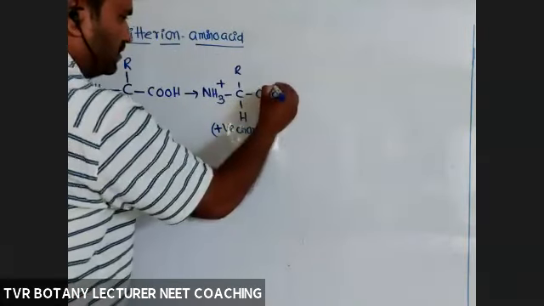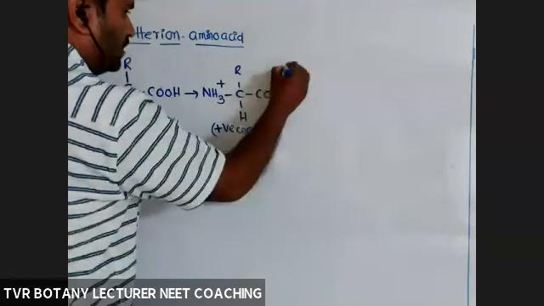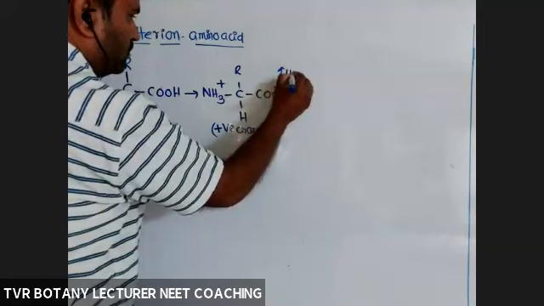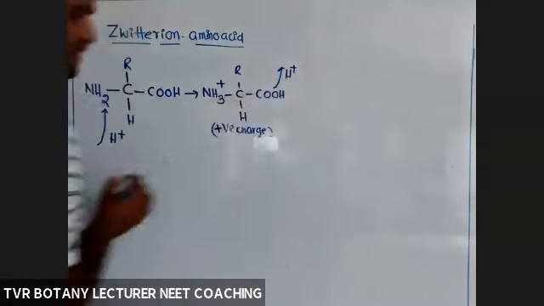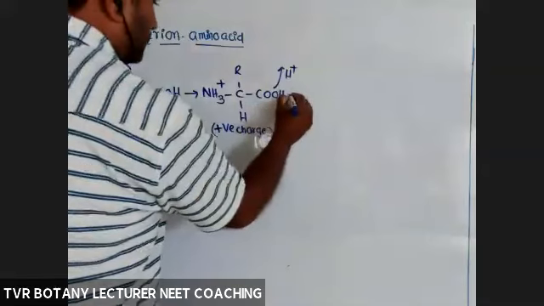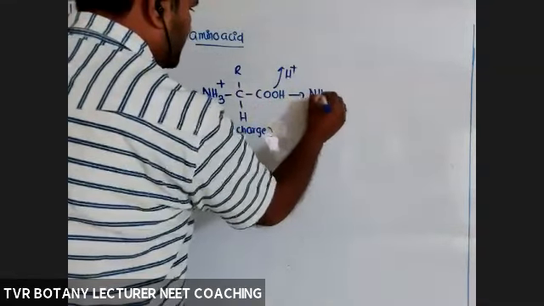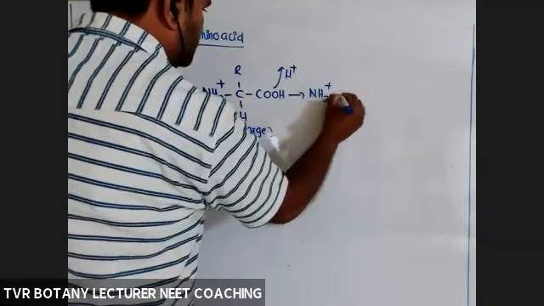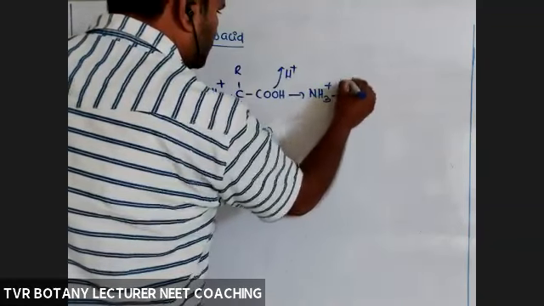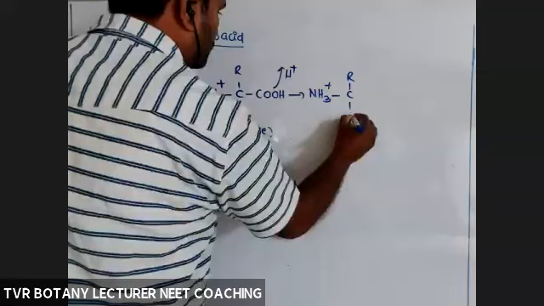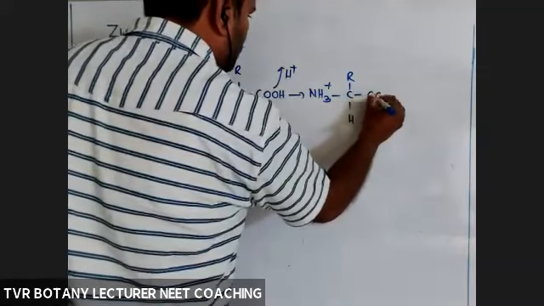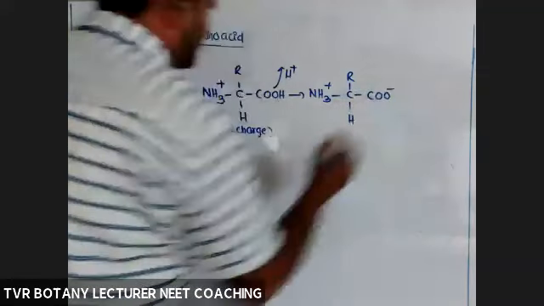Now from this one, remove hydrogen atom, one H plus more gives rise to NH3 plus, carbon, R group, H, now COO minus.